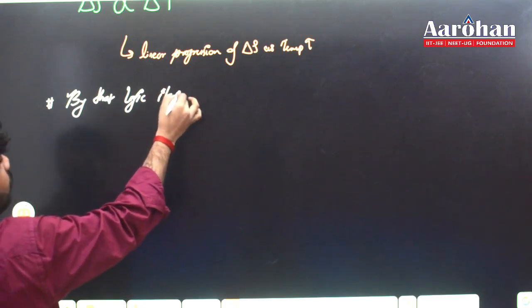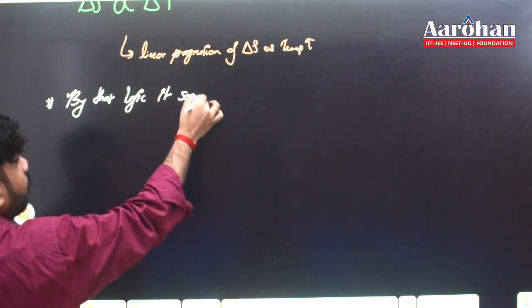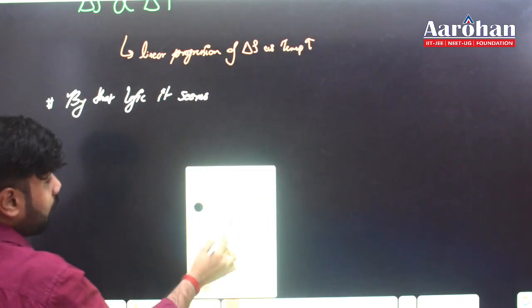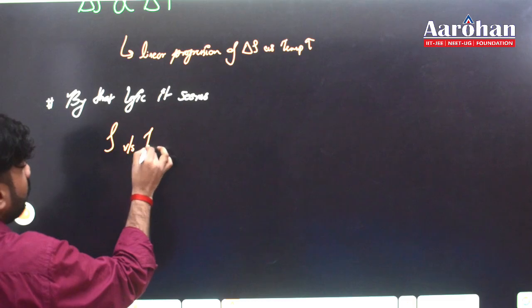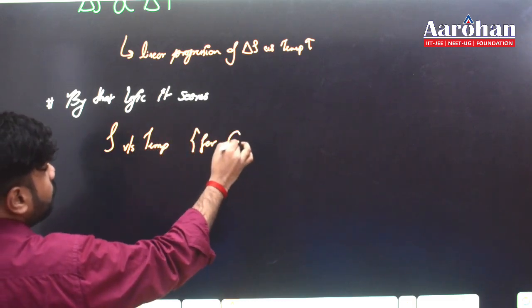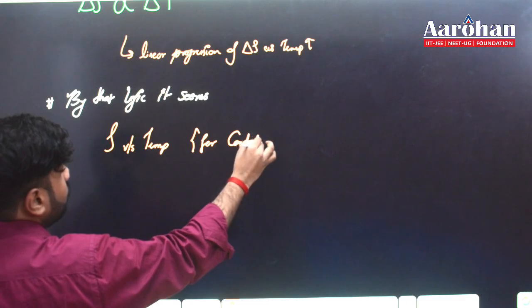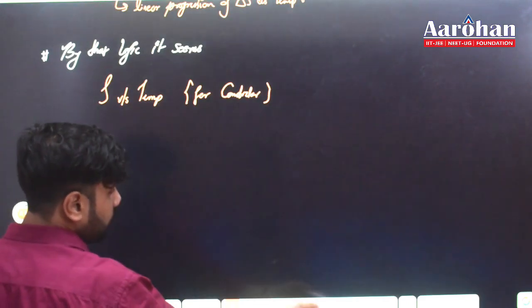By that logic, if I draw the resistivity versus temperature graph for a conductor, it seems the graph should look like this.